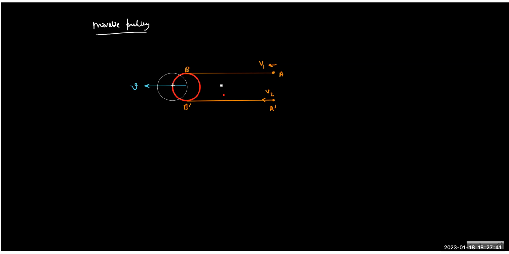To make the pulley move by some value x, how much total stretch is required in the string? Can you guess? How much must we stretch the string as a whole to make this movement possible?